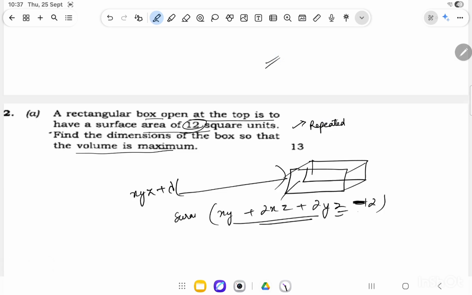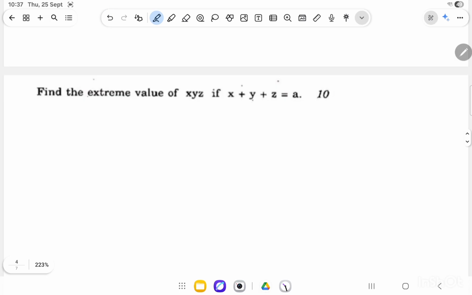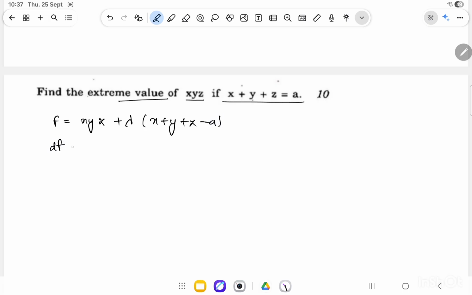Now let's see the next question that says find the extreme value of xyz if x plus y plus z equals a. So f will be xyz plus lambda times (x plus y plus z minus a). If you find df, it will be (yz plus lambda) into dx plus (xz plus lambda) into dy plus (xy plus lambda) into dz.